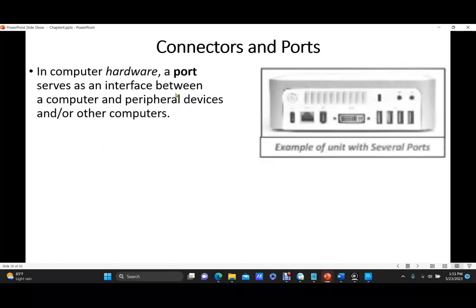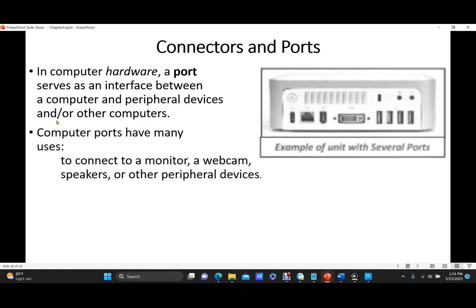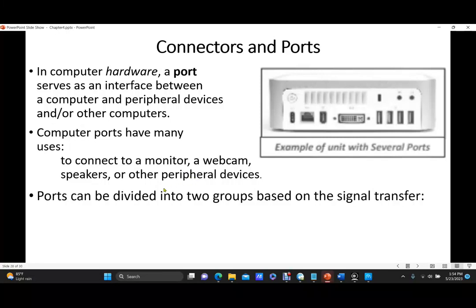In computer hardware, a port is an interface between the computer and peripheral device. Computer ports have several different uses. They can be used to connect to a monitor, a webcam, a speaker, or other kinds of peripheral devices. There are two kinds of ports.